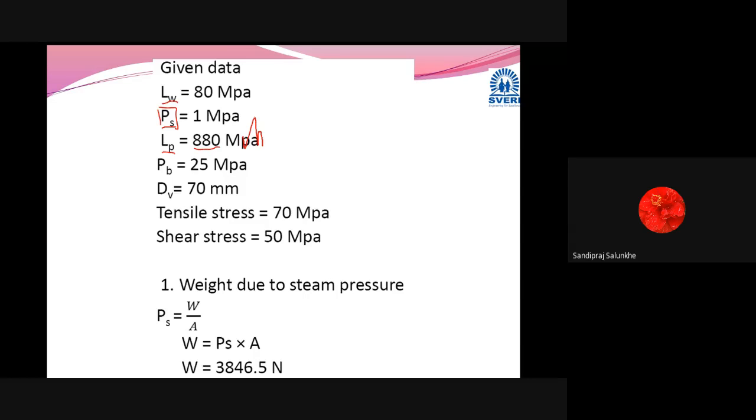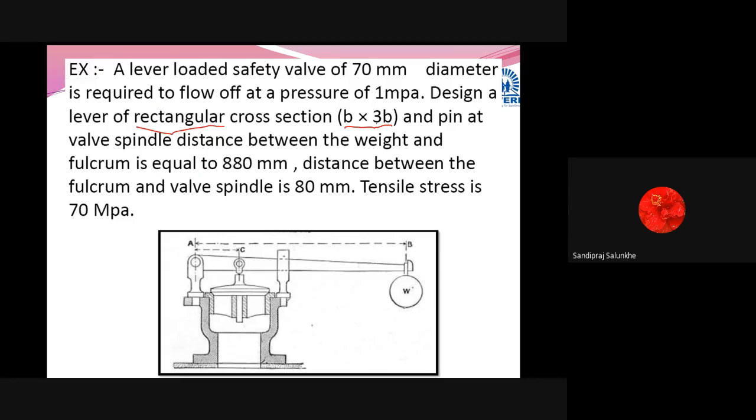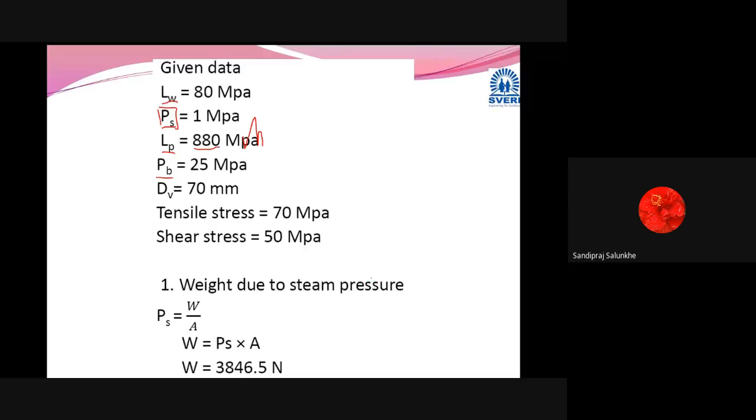Okay, and the pressure of blow of fall is 1 megapascal, and we have to calculate this effort which we are going to apply by means of considering the equation, and then afterwards diameter of that wall is given as 70 millimeter.